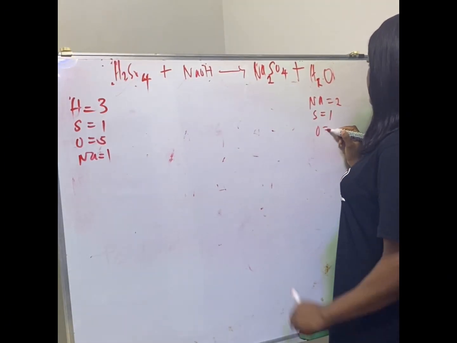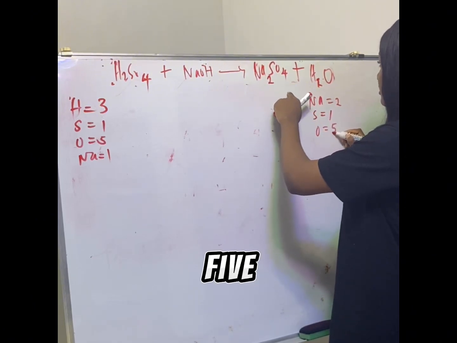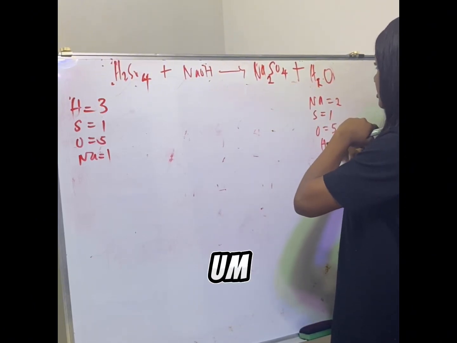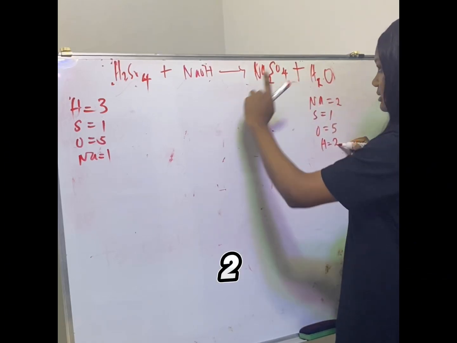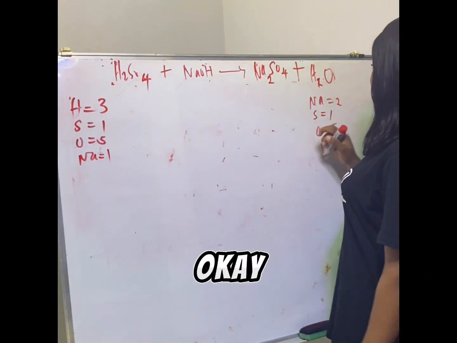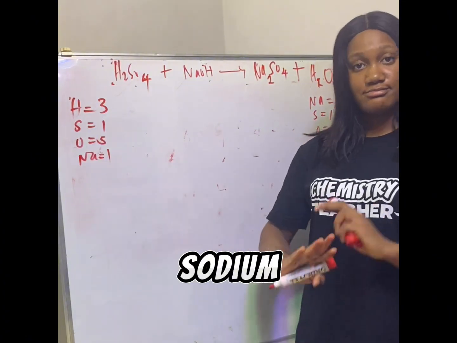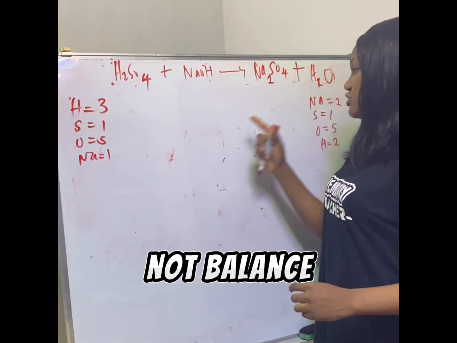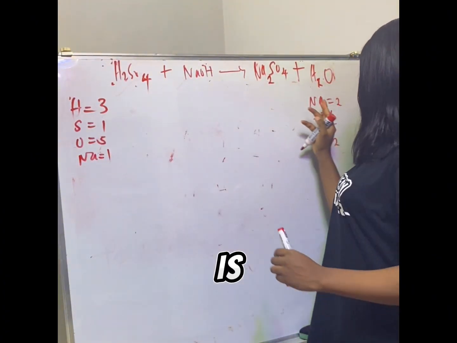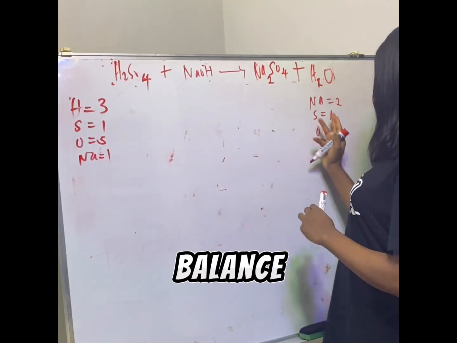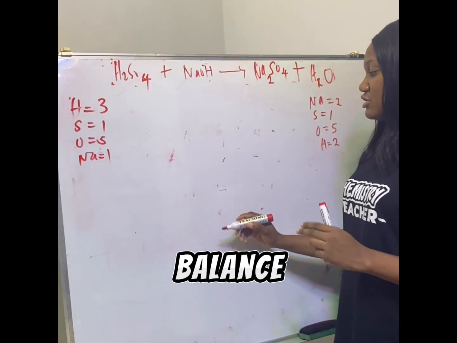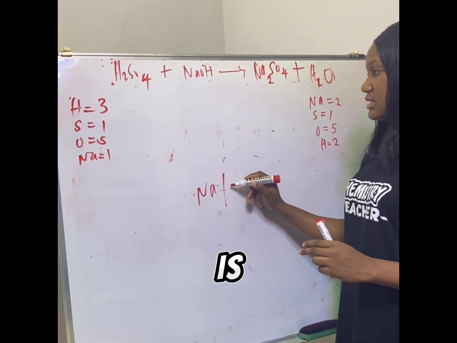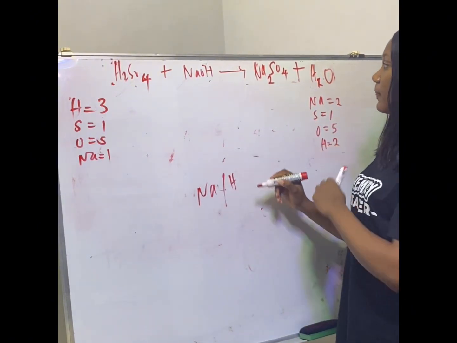Oxygen is 5. Hydrogen is 2, right? Okay, so looking at this, sodium and hydrogen are not balanced. Sodium is 2, sodium is 1. Oxygen and oxygen, it's balanced. Sulfur and sulfur, it's balanced. Hydrogen and hydrogen, it's not balanced. So what we are trying to balance here is sodium and hydrogen.